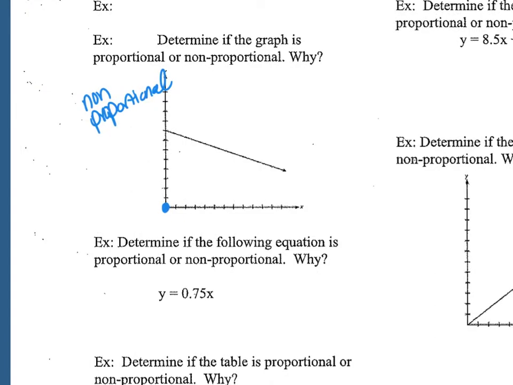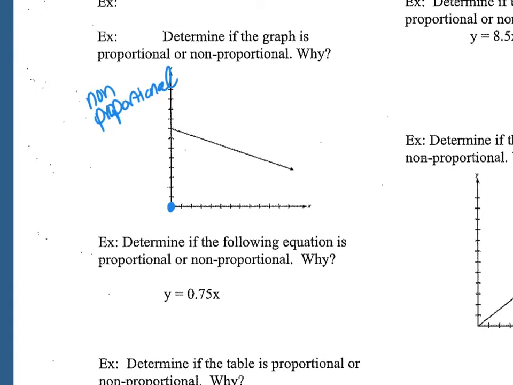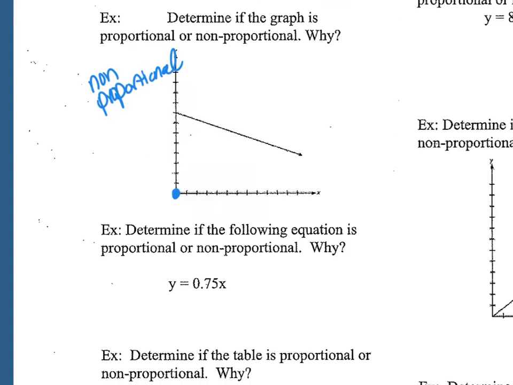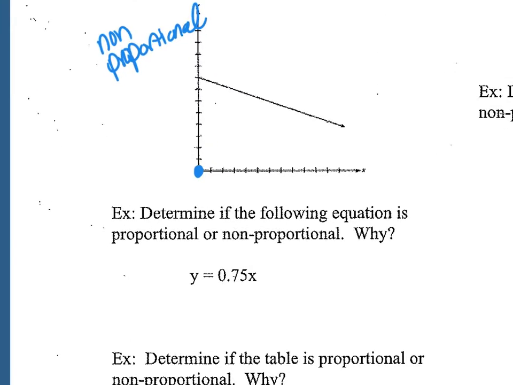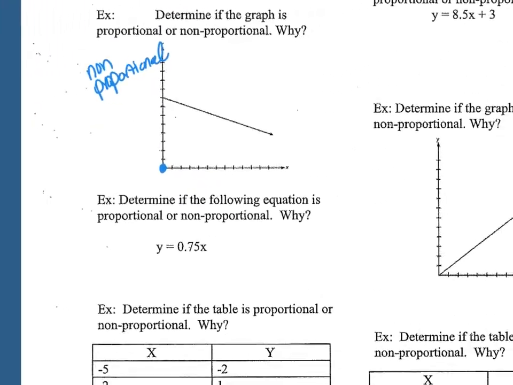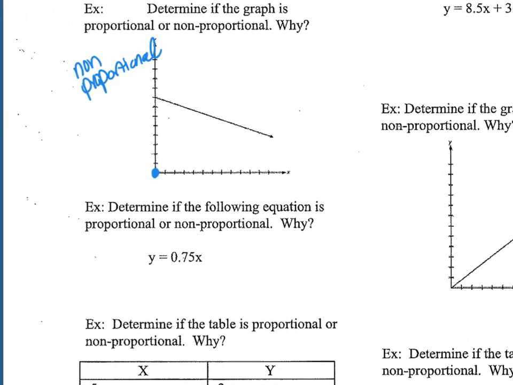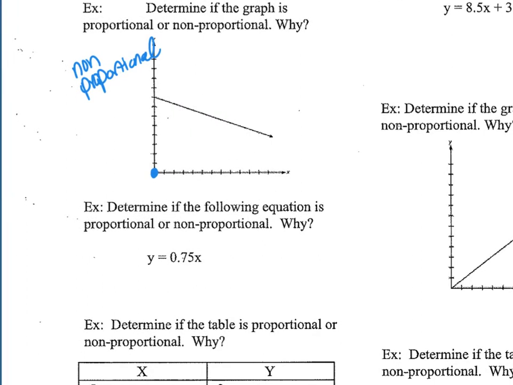Okay, the next example, determine if the following equation is proportional or non-proportional. So y equals 0.75x, what do you think? Proportional. Why is it proportional though? Because there's no y-intercept, there's no plus something, it's plus 0. So that would be proportional.